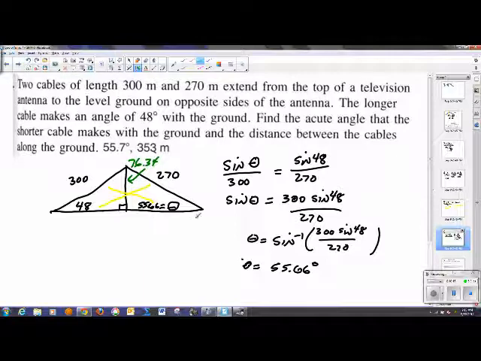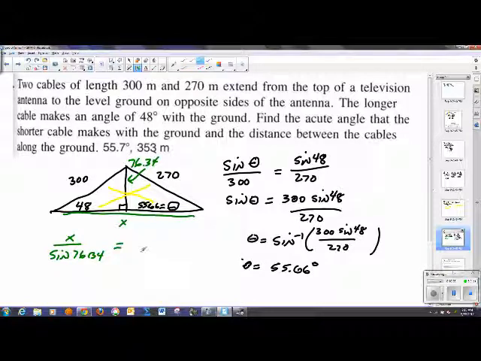And that guy's right here. So again, I need to find the missing side along the bottom. So in this case, I'll take that missing side, let's call it x, put that over the sine of its opposite angle, which we just determined was 76.34 degrees.